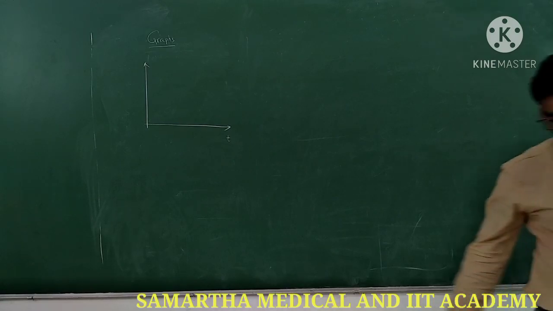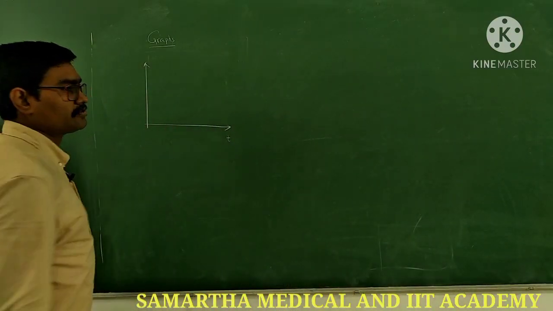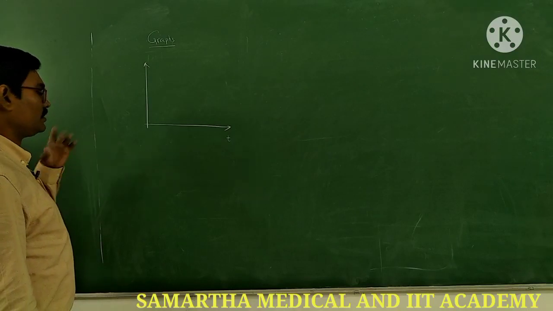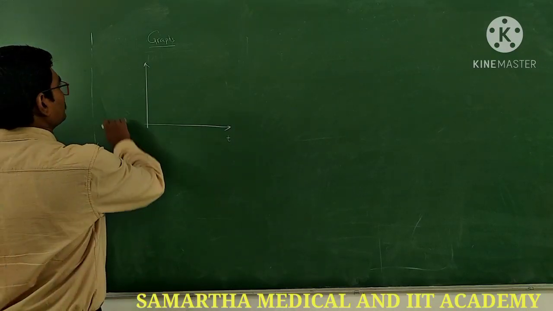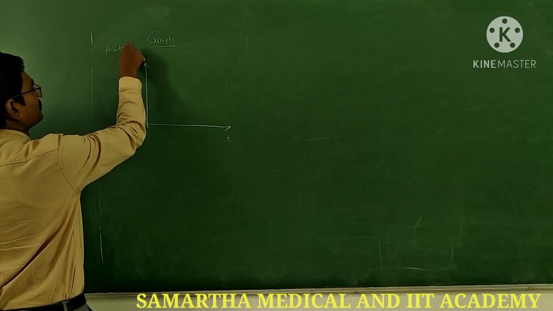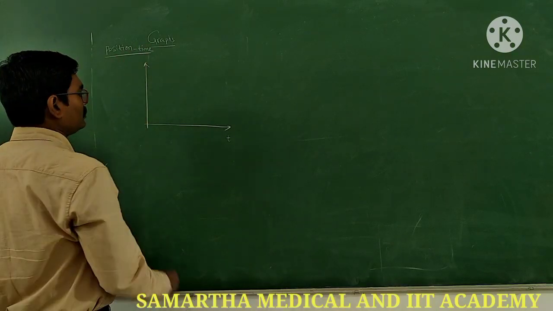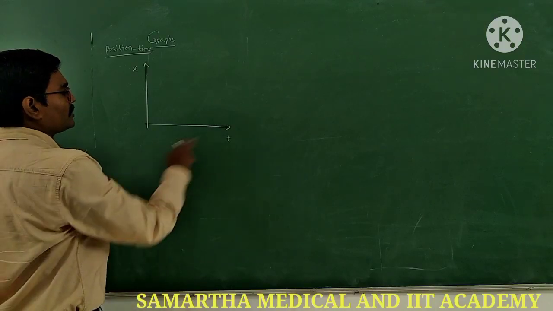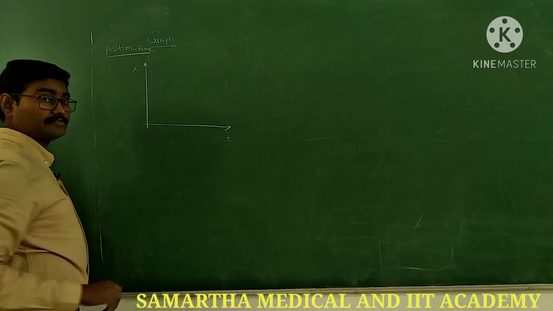First we are going to discuss position time graphs. Different examples we will take and draw the position time graph. I am taking time on x-axis and position on y-axis.